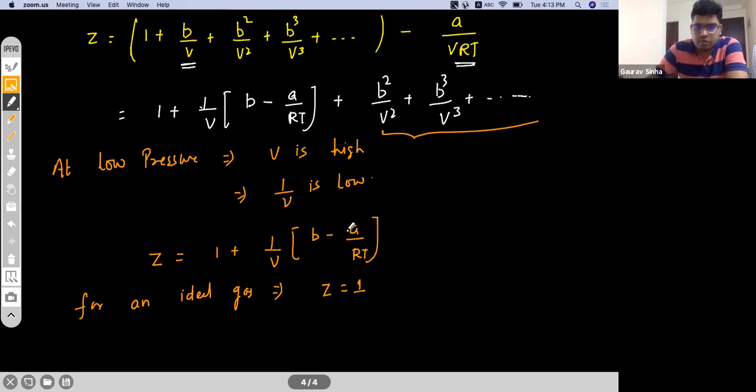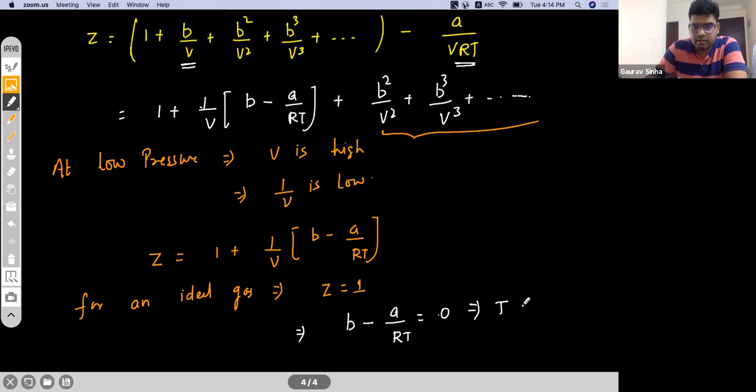So for Z equal to 1 to be valid, we must have b minus a by RT equal to 0. Can we say that? Yes or no? Correct. So what is T from this?